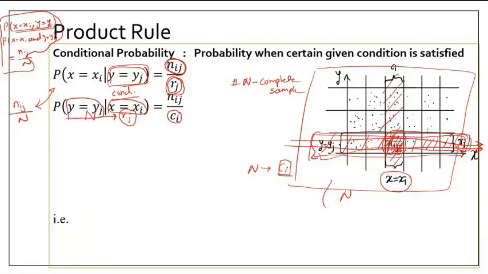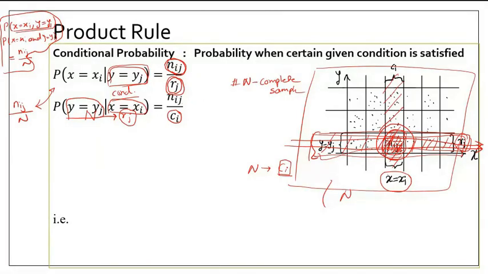So you will see that I am dividing by ci now. Then what is the chance that y is equal to yj given that x is equal to xi? The number of samples is the same, I am just talking about this particular cell, nij.